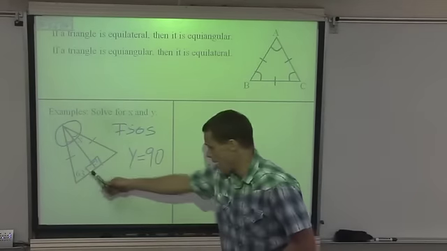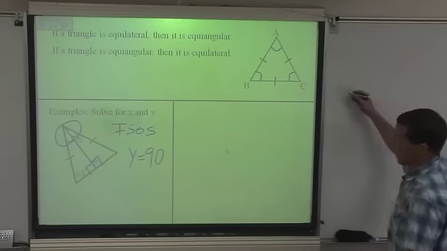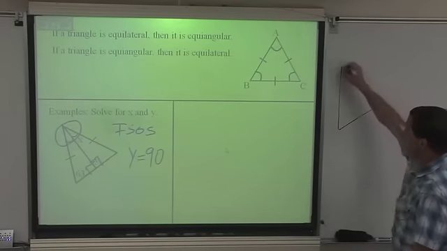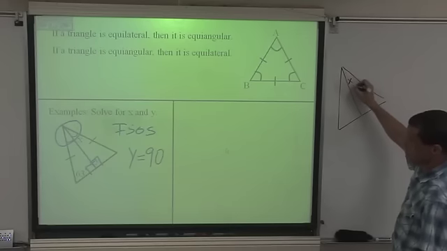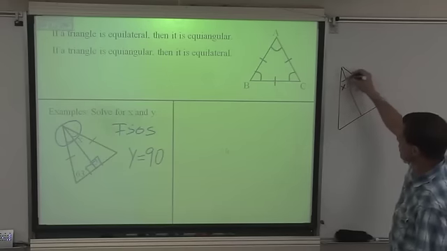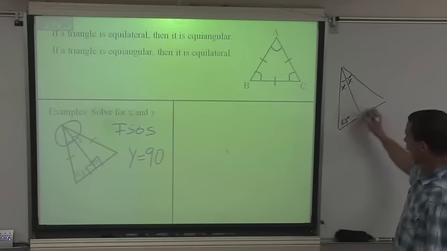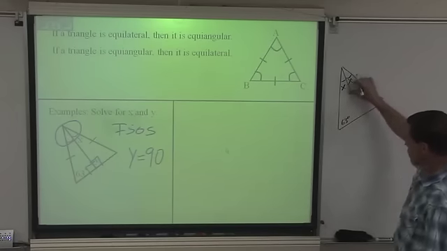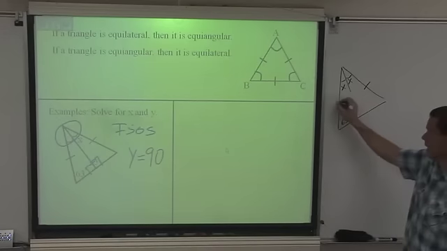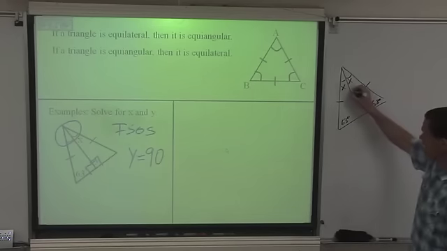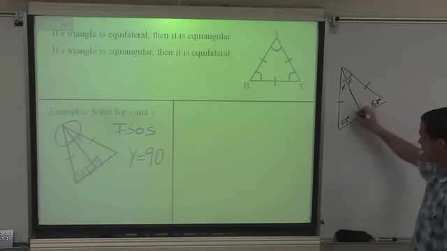Now, to find x, I'm going to draw this picture here, and x is here, which also means x is here, because they're congruent. 63 is here, and according to the isosceles triangle theorem, that means 63 is over there. And I have a 90 degree here and here.